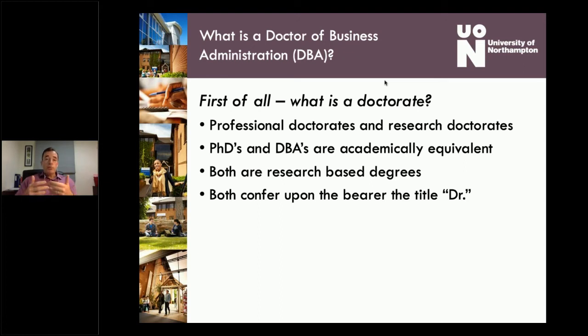It's for people who primarily are involved in business and management and professions. Okay, so they're different. They have different markets, they have different audiences, and the outcomes are different. The professional doctorates seek a more applied outcome, whereas a research doctorate can be purely theoretical, but they're also very similar.